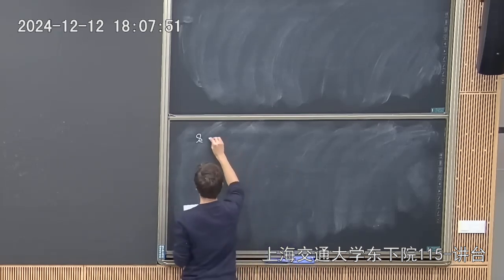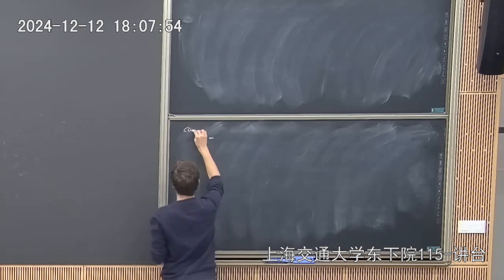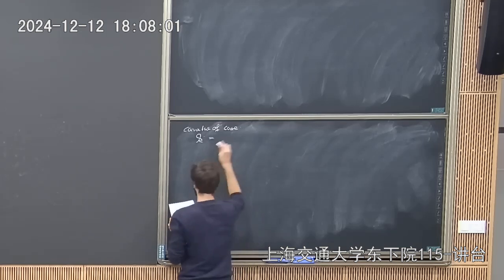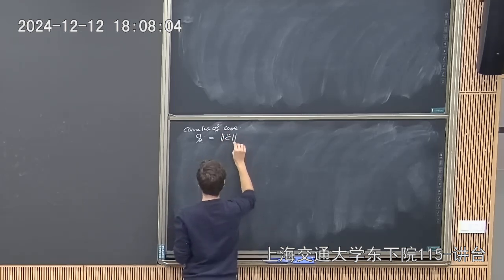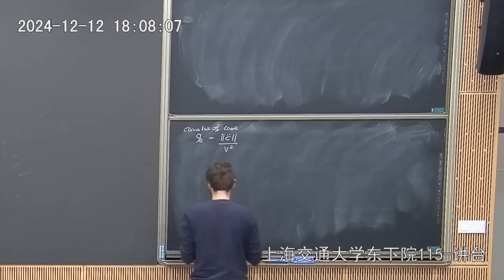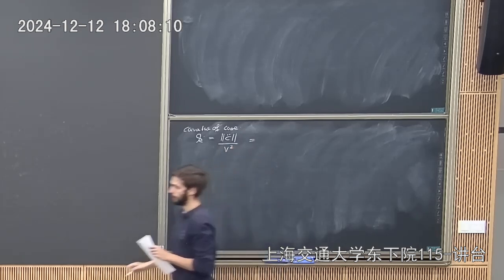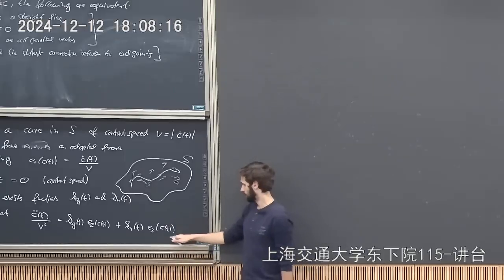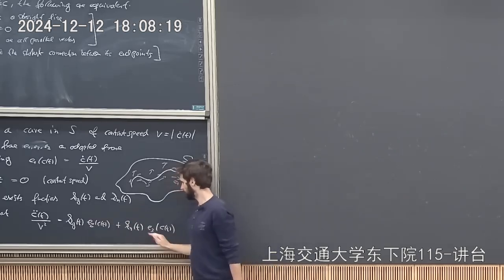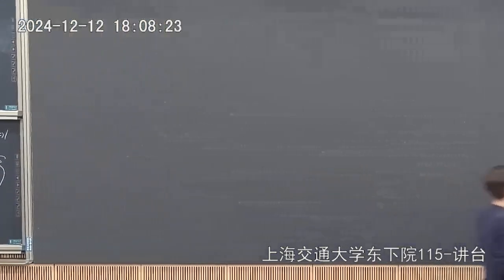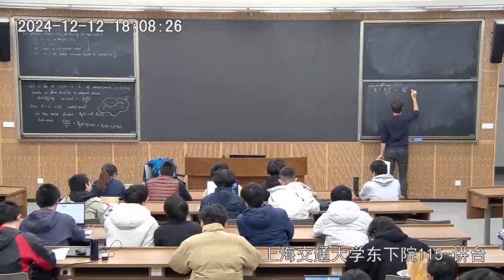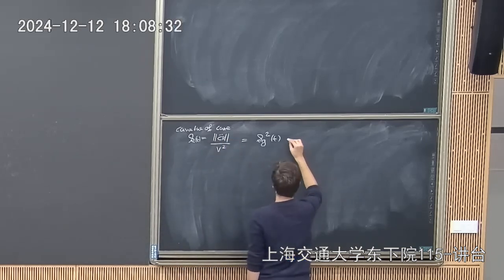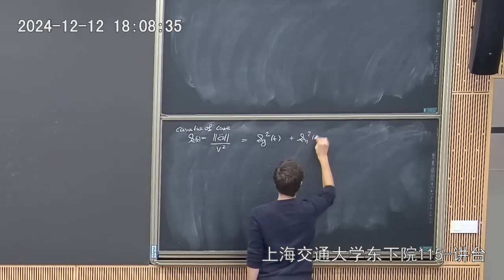Namely, the curvature of the curve is given as the norm of the acceleration over v squared by definition, and since E2 and E3 are unit vectors that are orthogonal, you see from that formula that it's just the square root of kg squared of t, at every point t, plus kn squared of t.